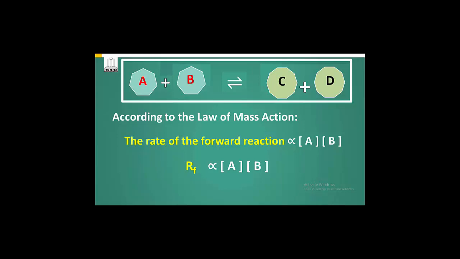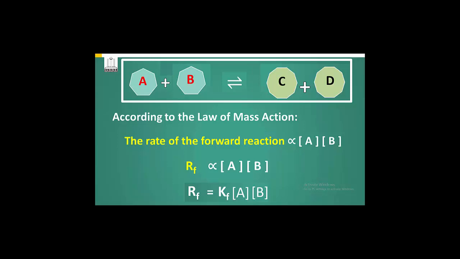To remove the proportional sign, we add a constant of proportionality, so Rf is equal to Kf, that is forward reaction constant, times the active masses of A and B. This is the rate of forward reaction equation.